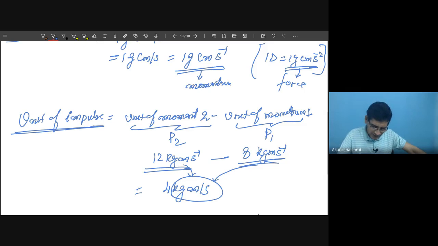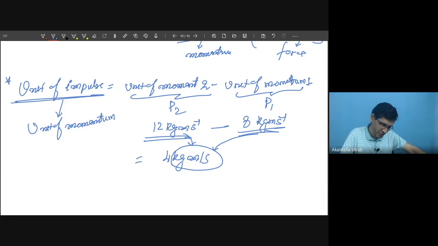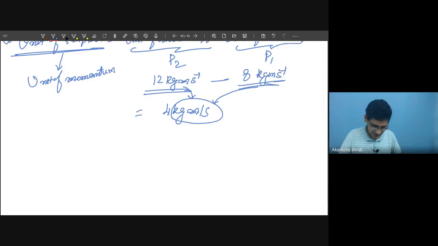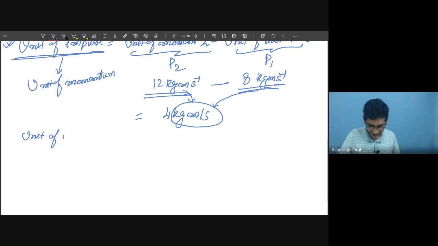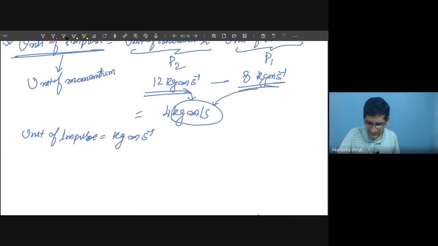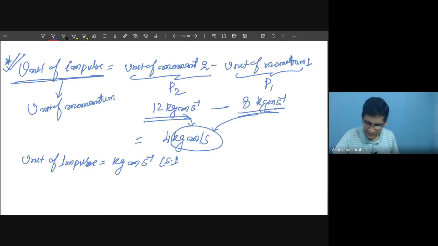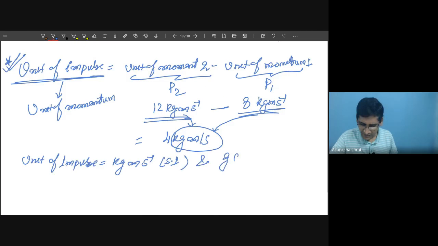So the unit of impulse is the same as the unit of momentum, kg meter per second in SI and gram centimeter per second in CGS. Okay, students.